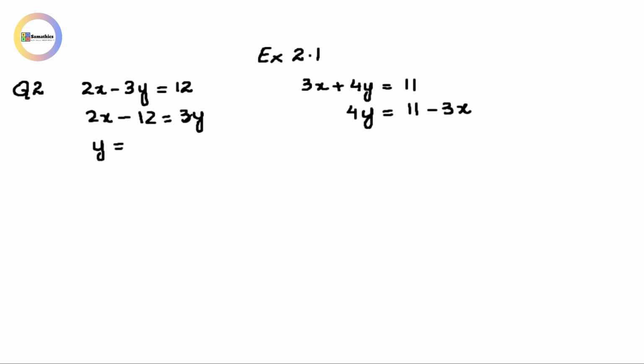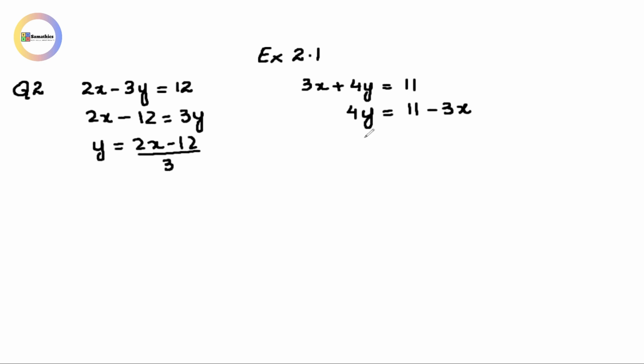Either you write y on this side or that side, it is the same, but whatever we make the subject, we write on the left hand side. So y is the subject in this equation now.